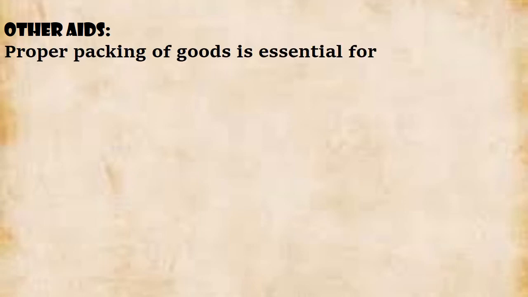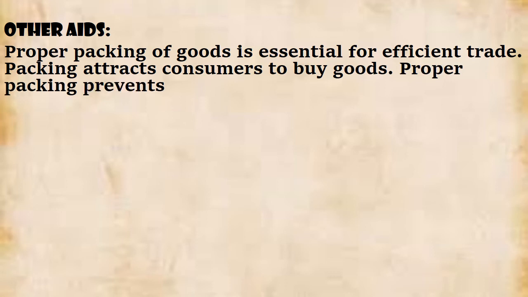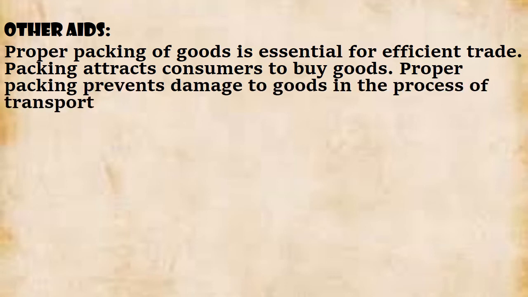Next we have other aids. Proper packing of goods is essential for efficient trade. Packing attracts consumers to buy goods. Proper packing prevents damage to goods in the process of transport and warehousing. So one of the other aids to trade is proper packing, which is essential for good and efficient trade. Packing sometimes does 50% of the work by attracting the customers.